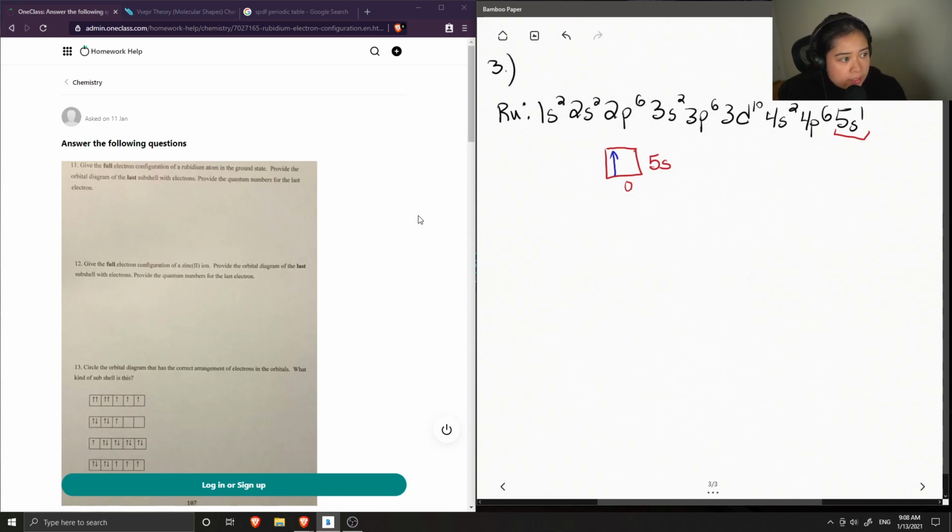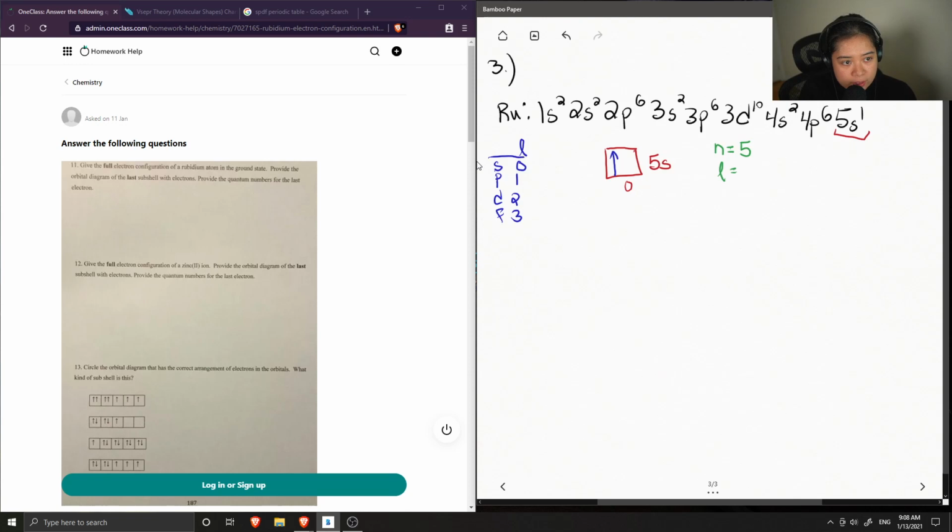So since it is in row 5, our principal quantum number, which is n, will be equal to 5. And our L value is based on the block letter. So for example, if you're in the S block, your L value is 0, the P block is 1, the D block is 2, and the F block is 3.